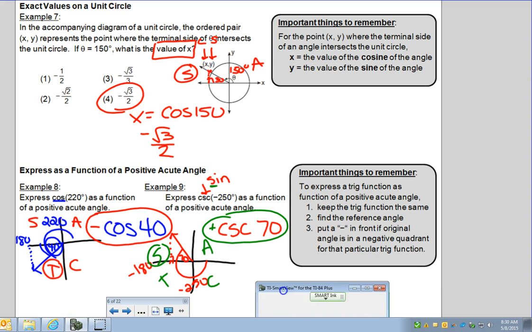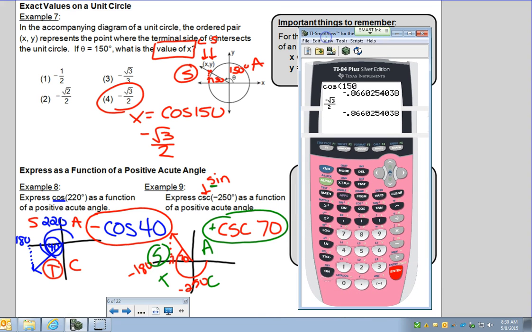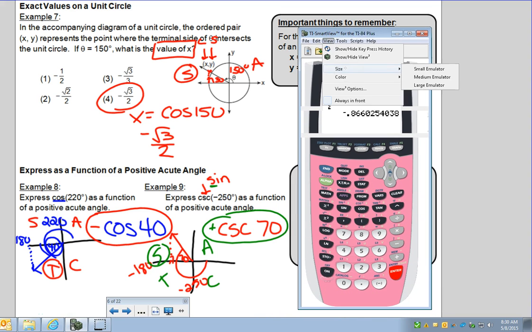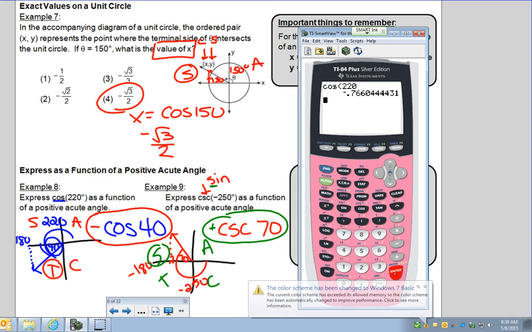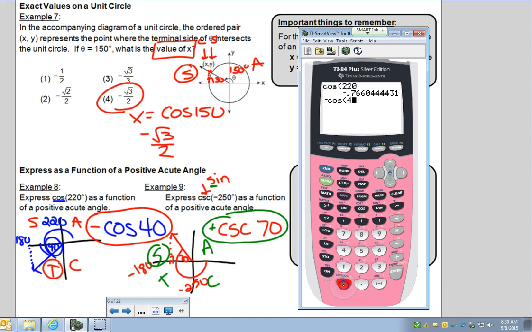Oh, I'm sorry. I also should go back to example 8 and show you. You can even check yourself. You could type in the cosine of 220 and then the negative cosine of 40, and you'll see that it's the same exact value. If you want to check this one, cosecant of negative 250, remember on the Inspire you're fine.